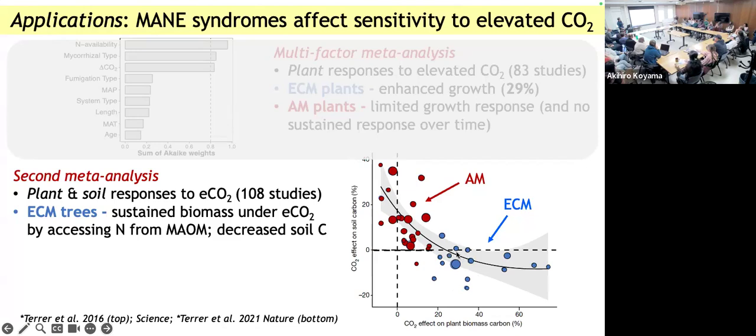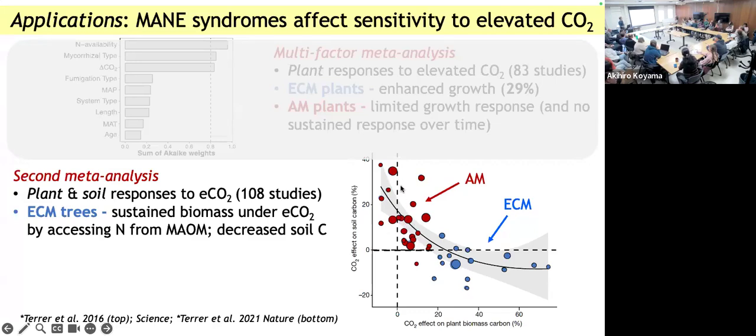Notice how almost all these blue dots are below 0, meaning that they put carbon into their biomass, but it came at a cost of the soil carbon. They were mining nutrients out of the organic matter, so they were losing soil carbon storage but gaining carbon in their trees. The AM plots did almost the opposite. They were not able to gain much in response to the CO2, but they were building soil carbon in their soils.